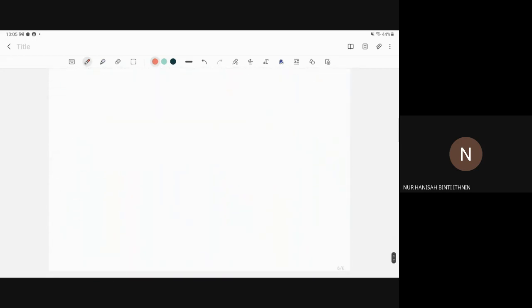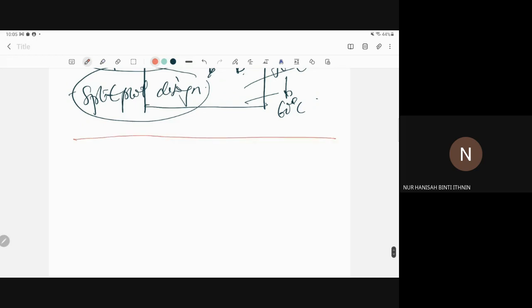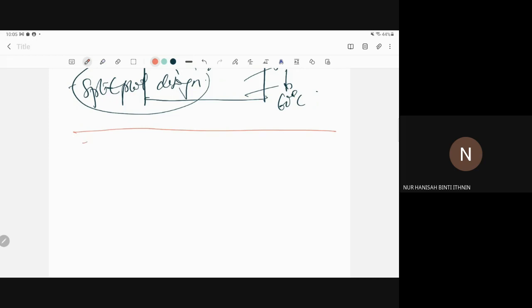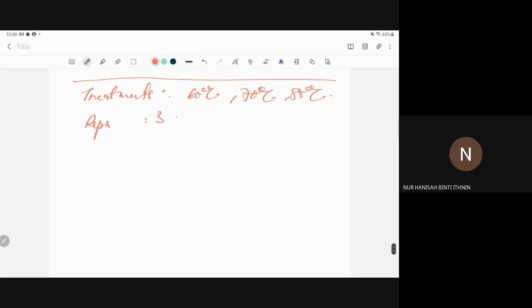I'll continue over here. We have our treatments: 60 degrees C, 70 degrees C, and 80 degrees C, and then we have 3 reps. So when we prepare our samples, sample 1 will be 60 rep 1, and then you will have 60 rep 2, and 60 rep 3.